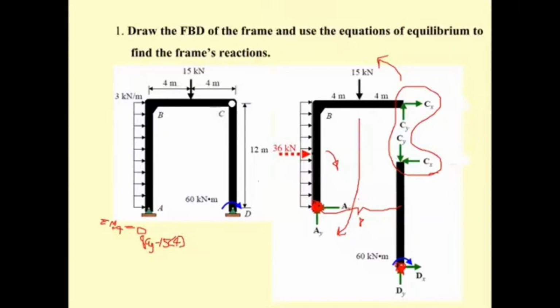And then the 36, which is 12 times 3, is going to act at this length of 6 meters. So you are going to have minus 36 times 6.